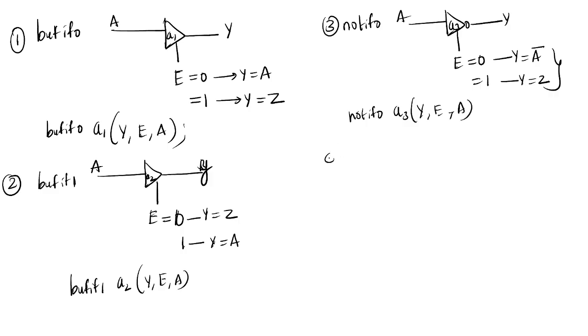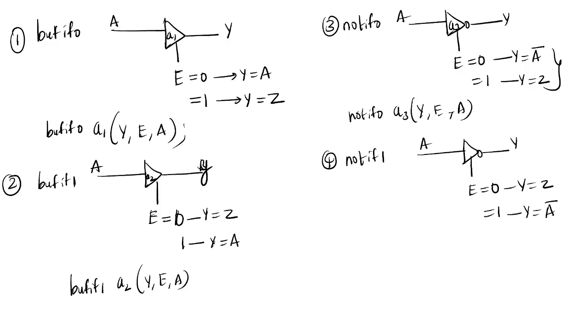Similarly, you have not if 1. Not if 1 means this is the NOT gate or inverter. You have input A and output, and one more enable pin is there. Enable equal to 0, it will be in the high impedance state, and enable equal to 1, it will act as an inverter.